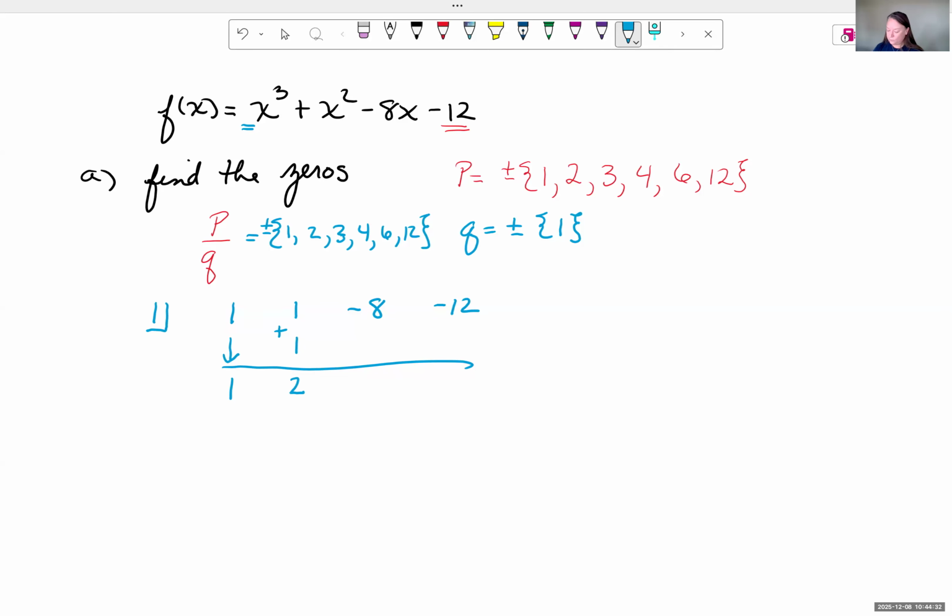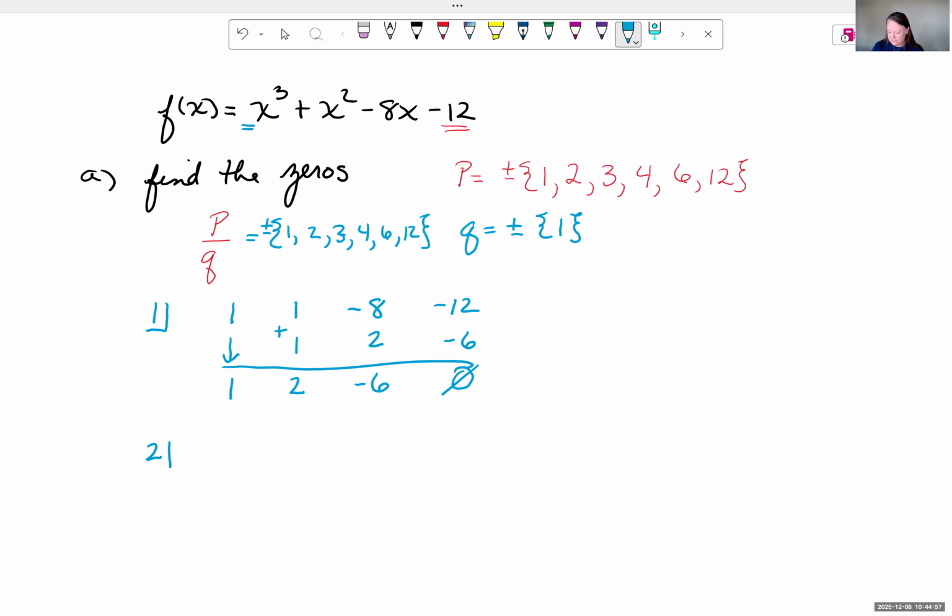So that's going to be the bottom row. 1 times 2, okay, that's 2. Put it underneath the next number, sum it. -8 plus 2 is -6. 1 times -6 is -6. So I can see that this is not 0. So it does not go in there evenly, which means it's not a 0 of that polynomial.